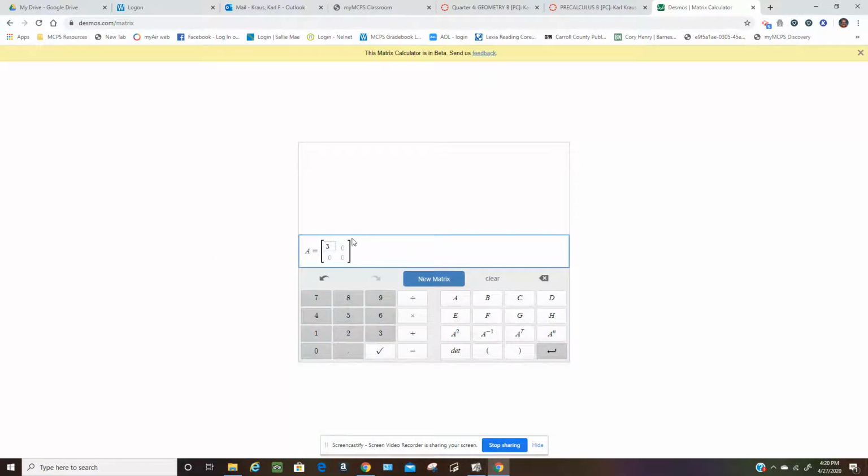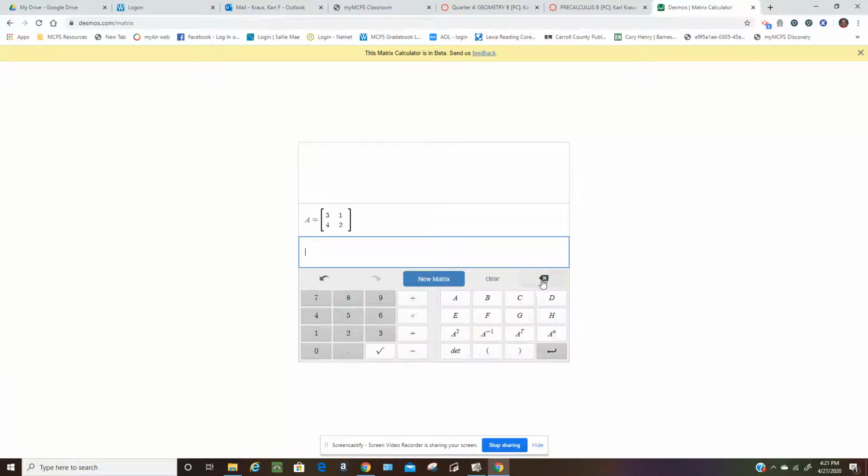So 3, 1, 4, 2, and then enter, and there's my matrix A. And then I have to select A first before I hit the inverse.